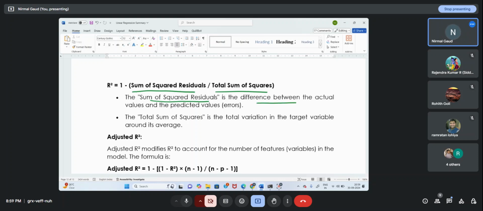These are the errors. So e1 square plus e2 square plus e3 square, the sum of the squares of the errors, divided by the total sum of squares, which is the total variation in the target variable around its average. How can we define total variation in the target? What is total variation in the target?